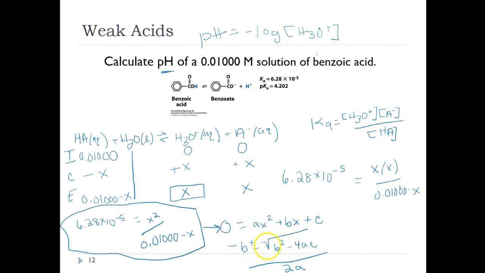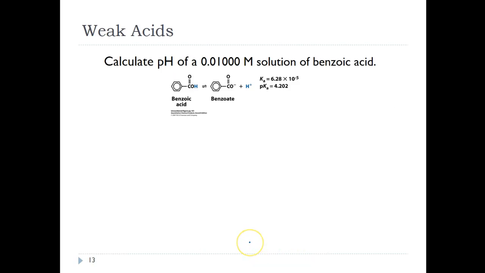Since I'm out of space, I'm going to flip us over to the next slide and carry on from there. So I had 6.28 times 10 to the negative fifth equals x squared over 0.01000 minus x.